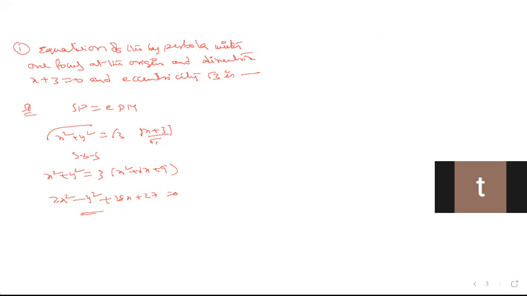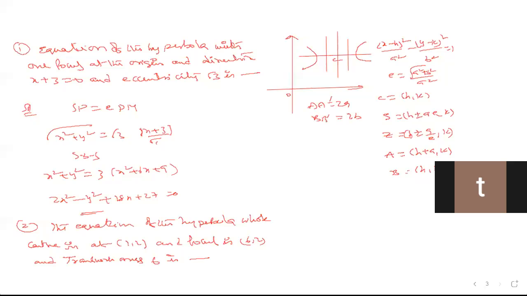With this information, a' is this and b' is this. For this question you need to know the transformed equation, when the hyperbola is transformed to this particular point.